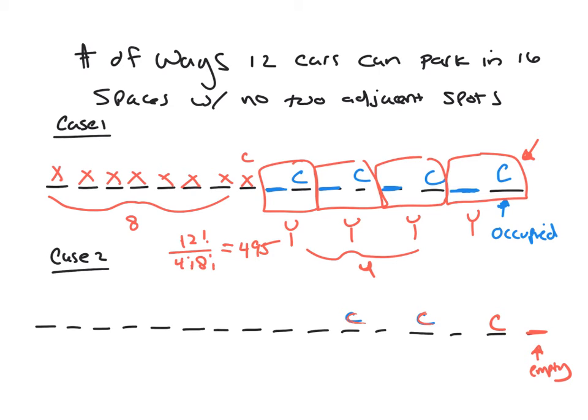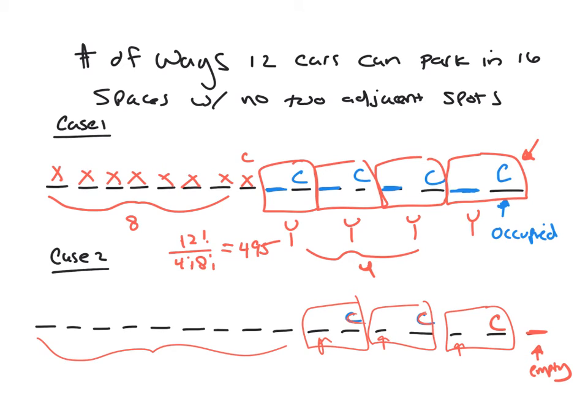So I've got this, this, that. Those are my 4 empty spots. I've got an empty spot here, here, and here. And that's a total of 1, 2, 3, 4, 5, 6, 7 spots, which must mean there are 9 other spots here. And those all have to have cars because we need a total of 12 cars.